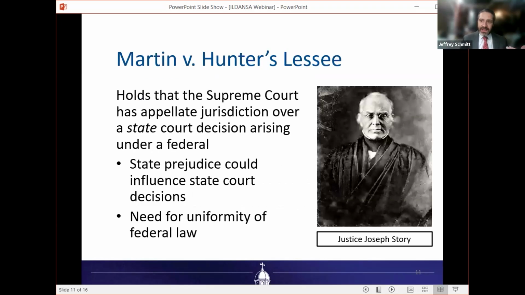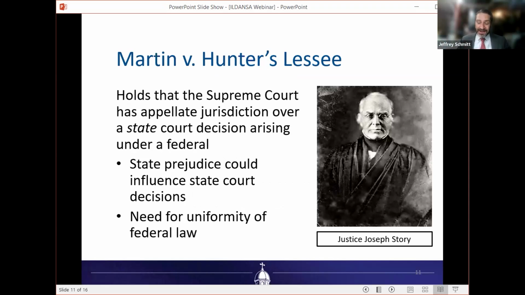The next case that comes along, and we would spend a lot more time on this in class, I'm giving an overview here. The next case is about whether the Supreme Court can hear decisions coming from state courts. The states tried to say, look, we have a different system, right? States are separate from the federal government, so there's no overlap.